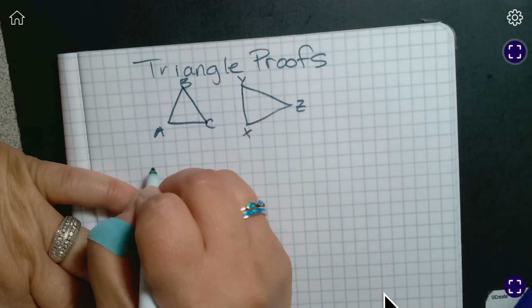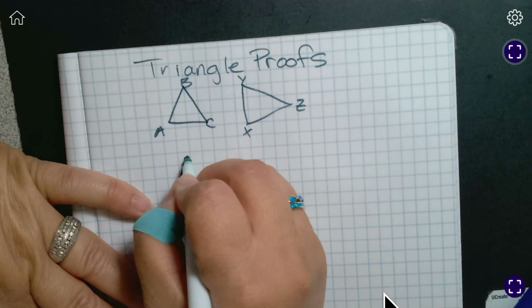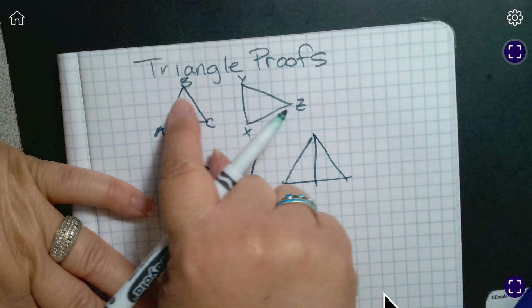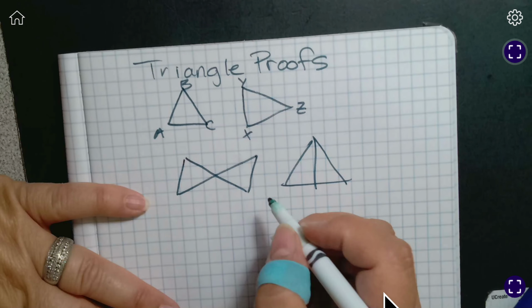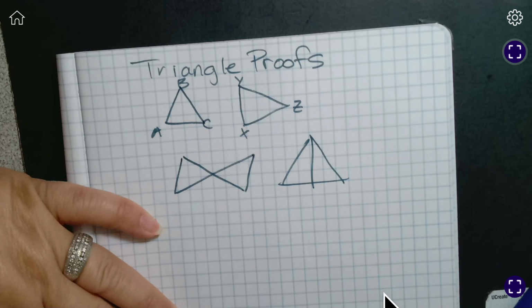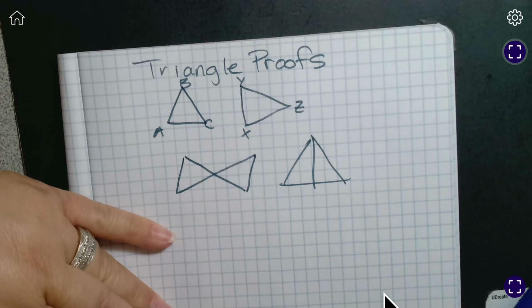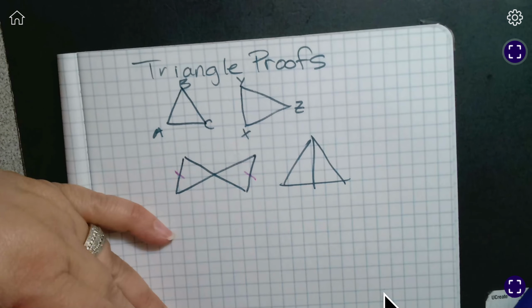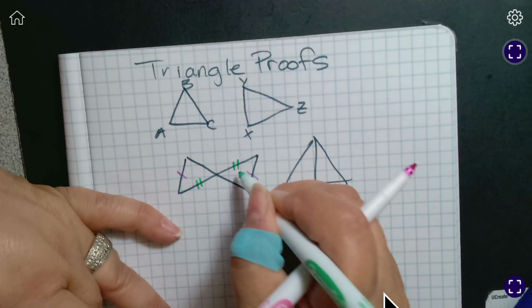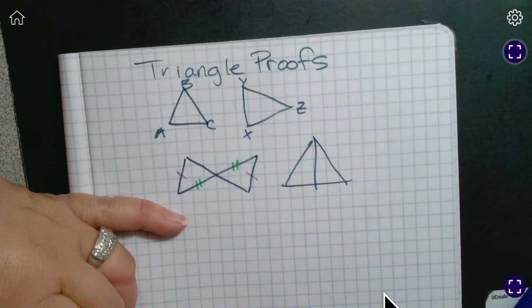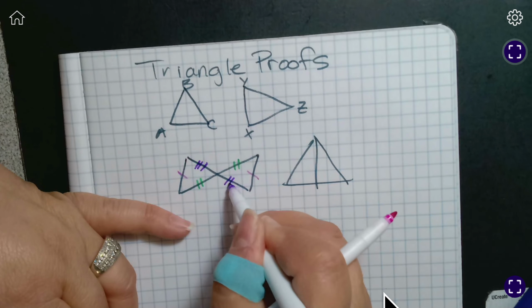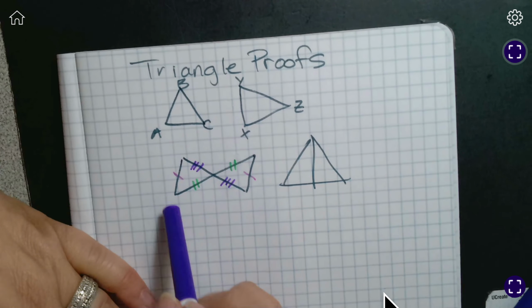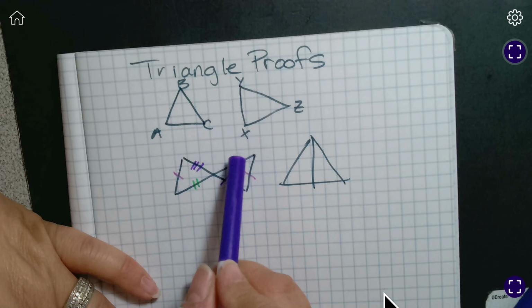And so if I have two triangles, whatever it looks like, this, or two separate ones, if I can show like this side maybe and this side are the same, maybe it's this side and this side, this side and this side, then I know that the two triangles are the same because all the three sides are the same.